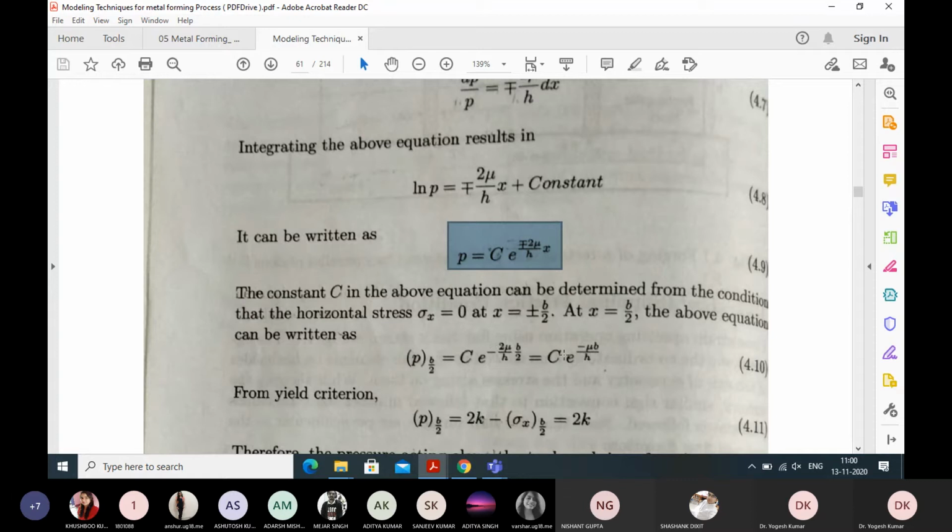So this will become c into e to the power minus mu b upon h.